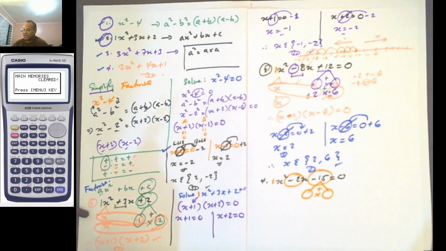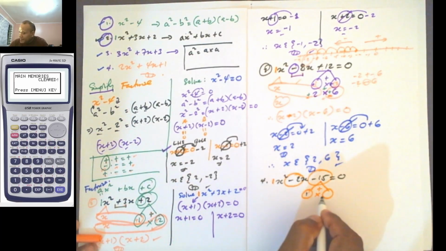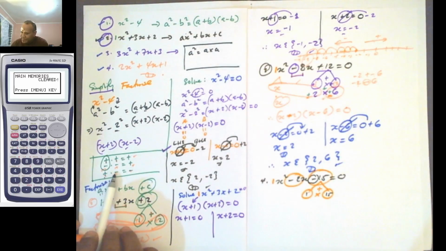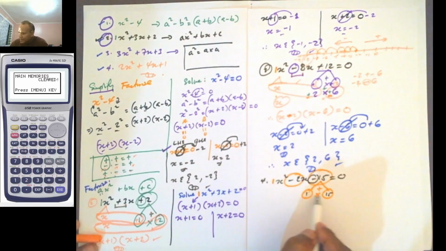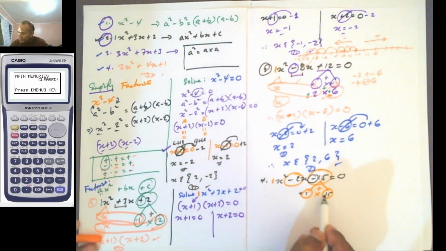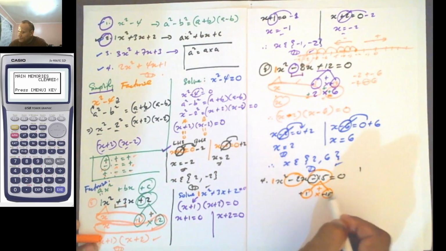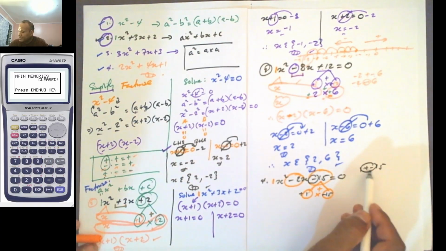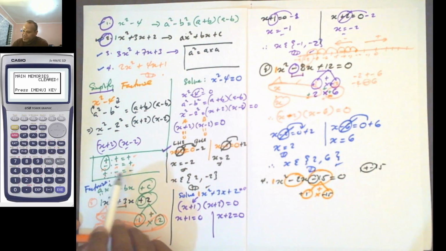So let's try the first one. 1 times 15 is 15, but there's a negative sign, so a positive times a negative will give me a negative.